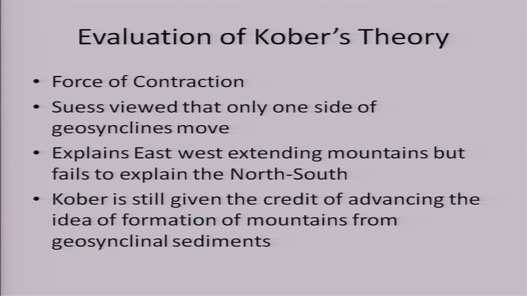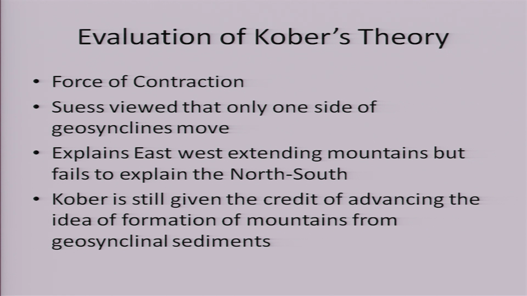And there is one more criticism related to Kober's theory. He was able to explain only those mountains which had an east-west axis, like the Himalayas or all the alpine fold mountains of Eurasia, but he was not able to explain the mountains which have a north-south axis, like the Rocky Mountains of the Americas.